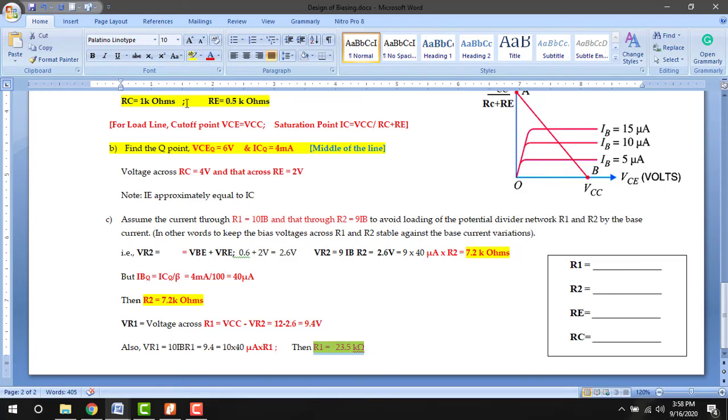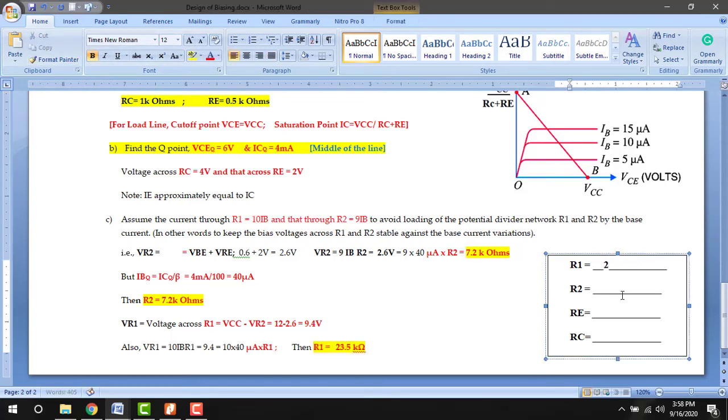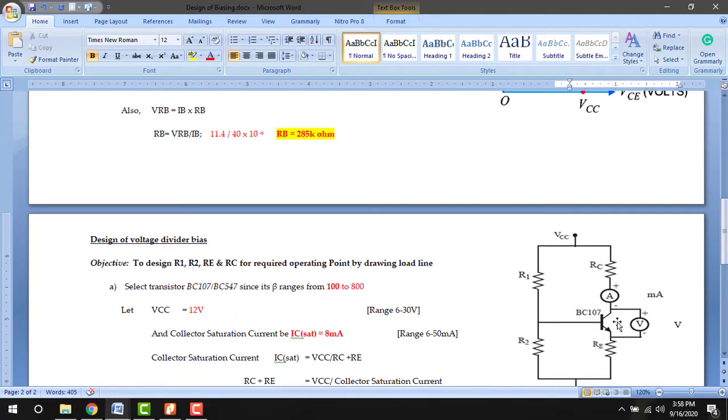R1 is 23.5 K, R2 is 7.2 K, then RE is 0.5 K, and RC is 1 K. So we designed the 4 circuit elements.